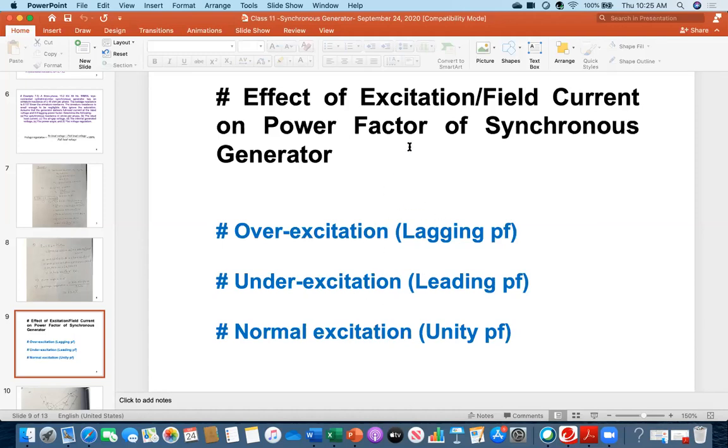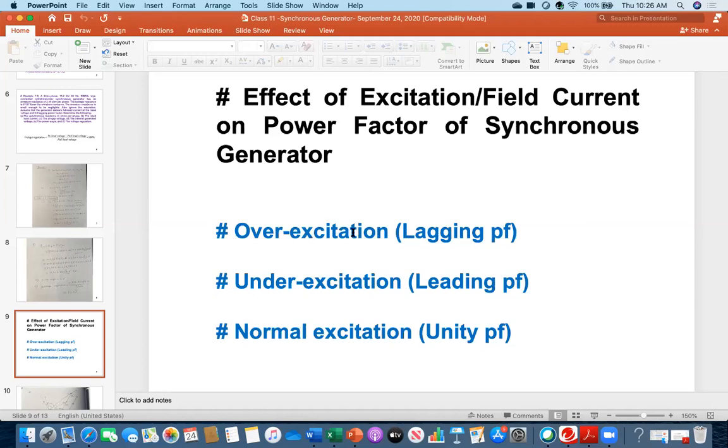The field excitation of a synchronous generator is needed to build up the voltage, but simultaneously it influences the power factor. So power factor is dependent on the excitation, and depending on the excitation, it could be lagging, leading, or unity. When it is lagging, that means over excitation.